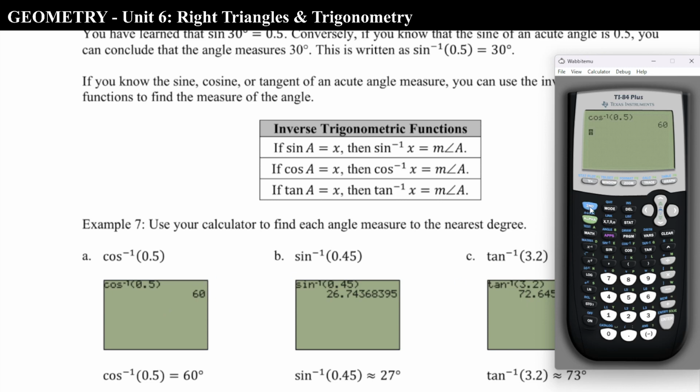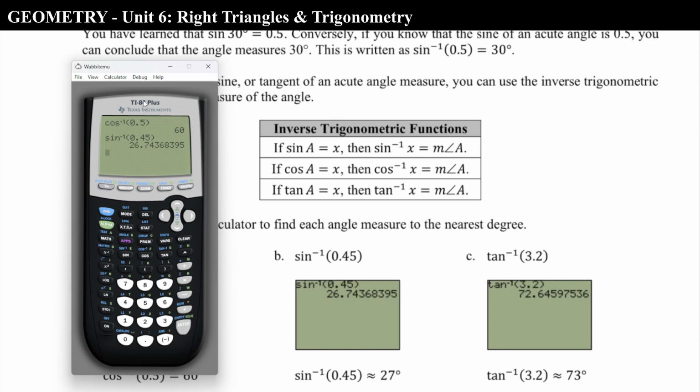The arc sine, so second sine of 0.45, is going to be 26.74, so that rounds to 27 degrees. And then finally, the arc tangent, so second tangent of 3.2, is going to give you 72.64, so round that up to 73 degrees.